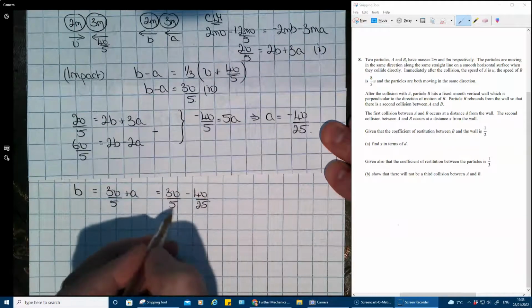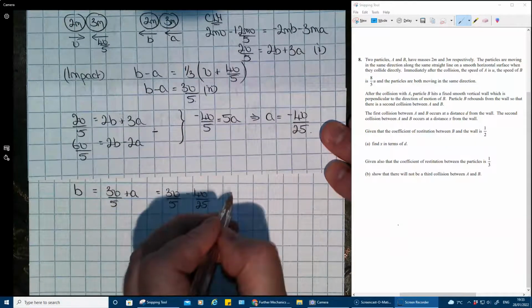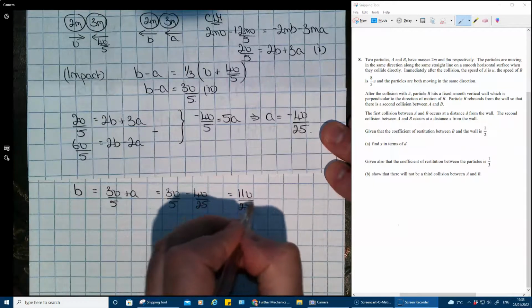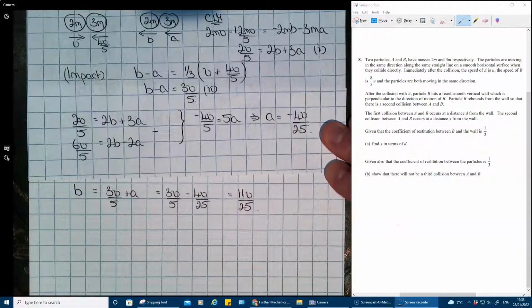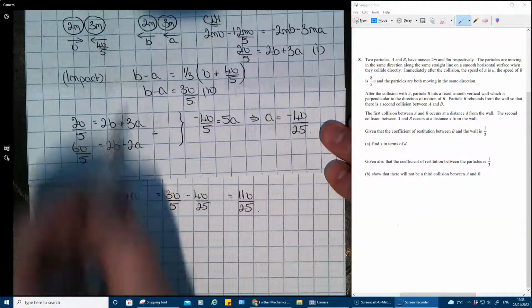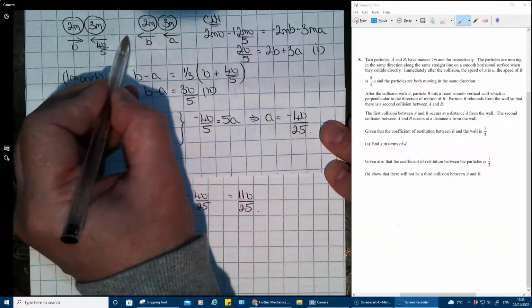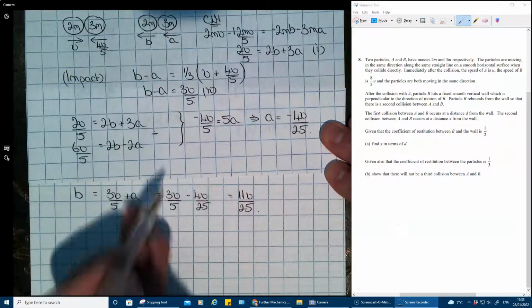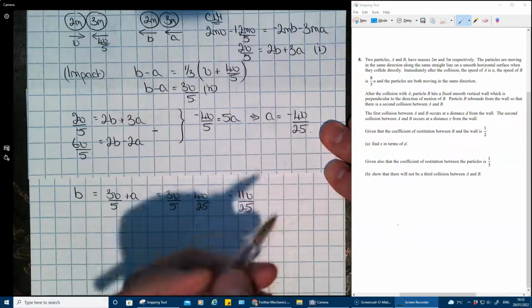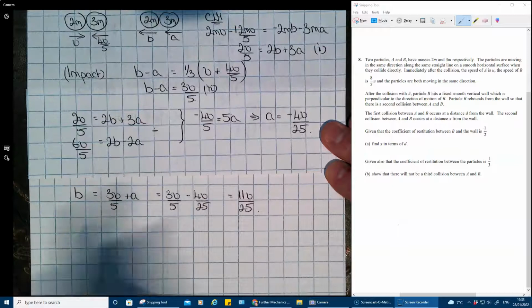Make them both over 25, so that's 15 take away 4, is 11u over 25. Okay, so we now know that b is travelling away at 11u over 25, and a is in fact gone the other way at 4u over 25. It's then going to bounce off.